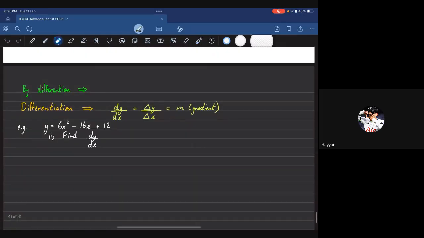So whenever you use differentiation to calculate the gradient of a quadratic equation, it is going to give you some sort of function, or some sort of smaller equation. And through that equation, you can find the gradient at multiple points on the curve. And we'll see that.